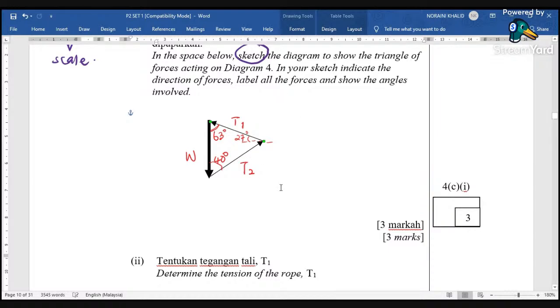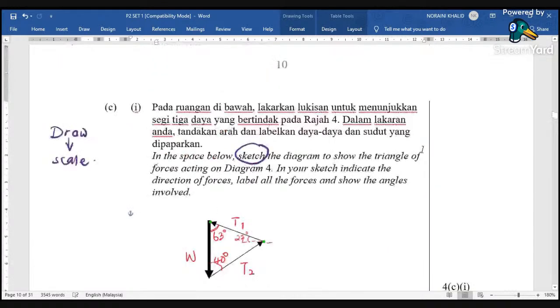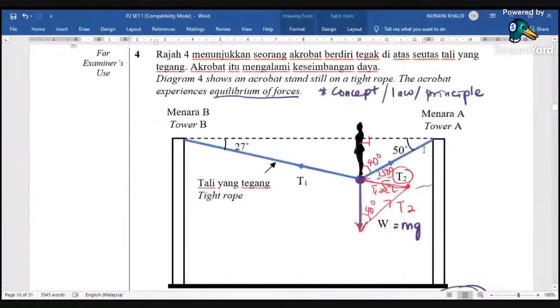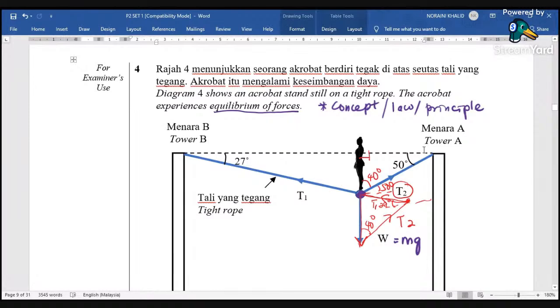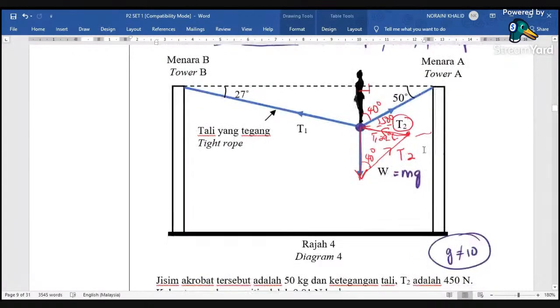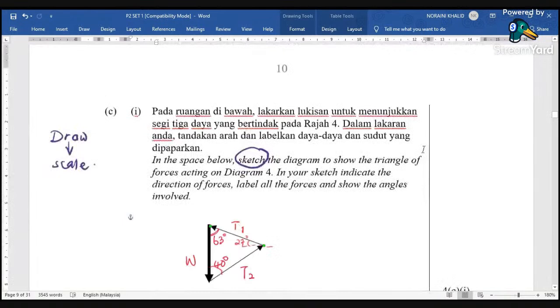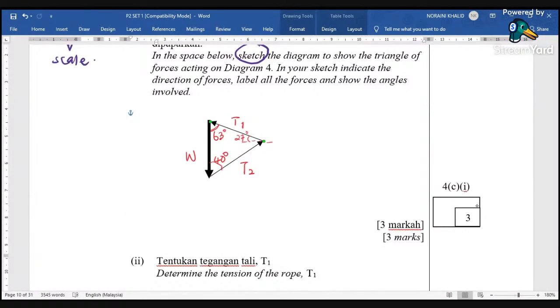Okay. So you must label the angle and this 50 here. Label the force and also the angle with direction. That's why here is 3 marks.